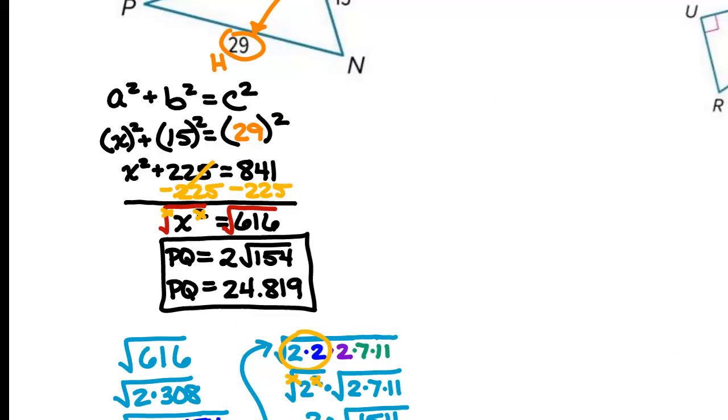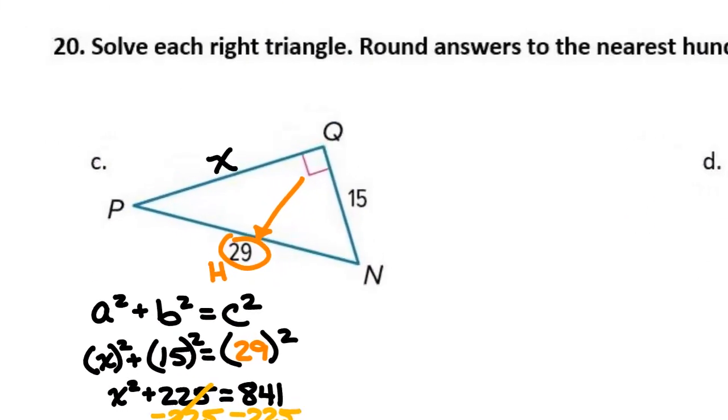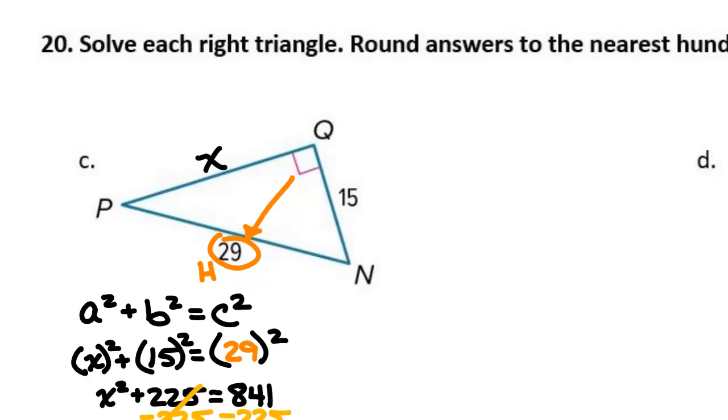We still need to find our 2 angles. So if I'm standing over here at angle P, this 15 is opposite or adjacent? Opposite from angle P. Opposite and hypotenuse means I would have to use what to find this?